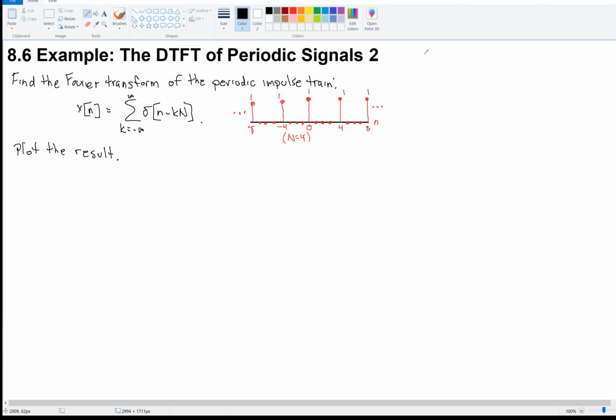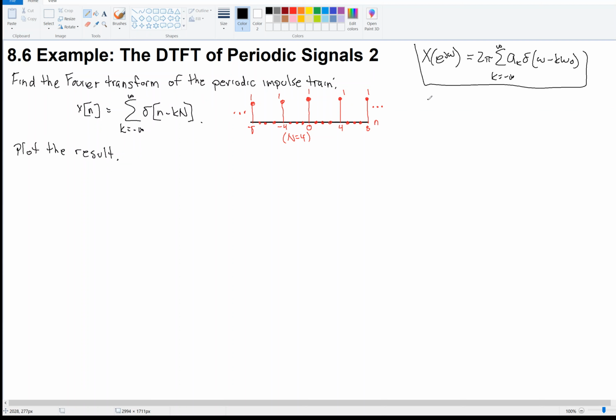If so, then I need this formula. The Fourier transform of a periodic signal is 2 pi times the sum from k equals minus infinity to infinity of the Fourier series coefficients a_k multiplied by delta of omega minus k omega 0. That's what we need.